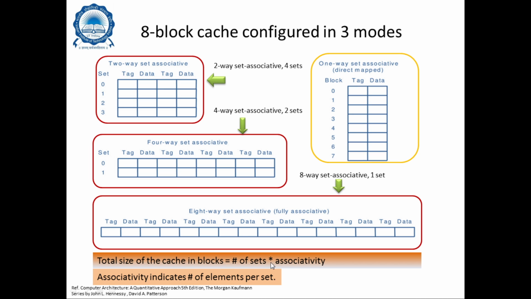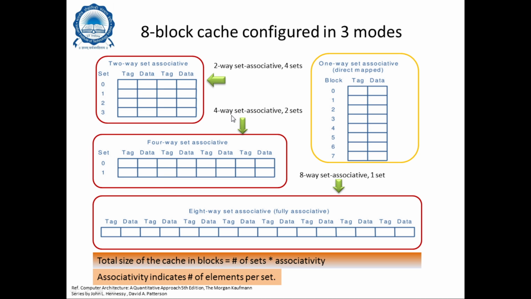For example, with an 8 block cache, the number of sets is 8 blocks divided by the associativity, which is 2. That gives you 4 sets, numbered from 0 to 3.